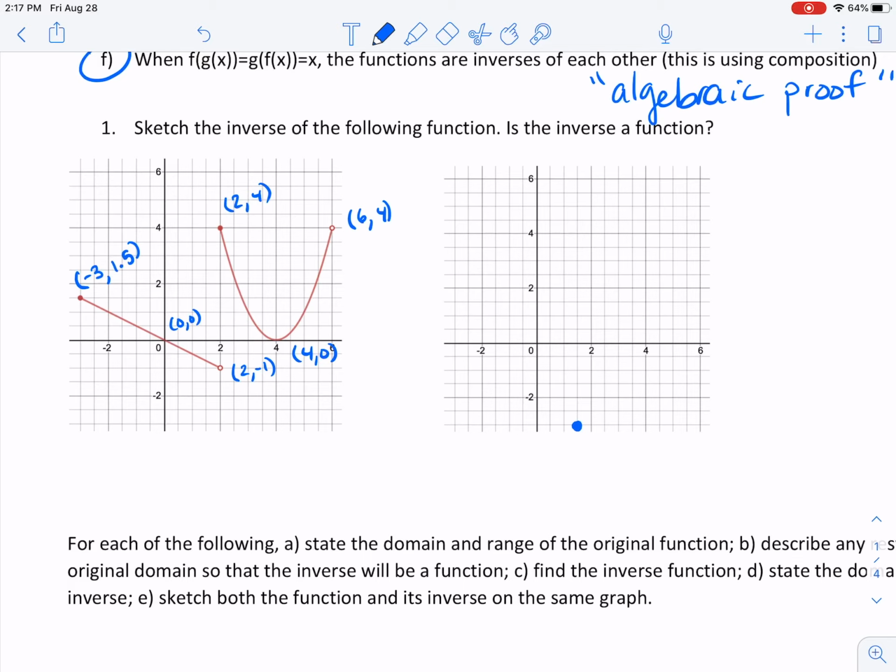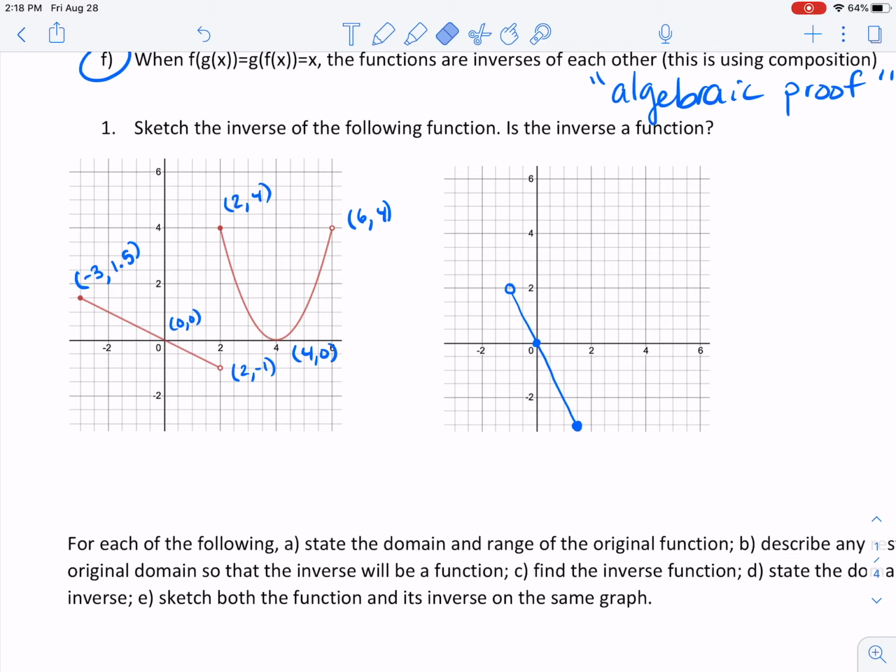Super, okay. The next thing, 0, 0 is still going to be 0, 0, because 0, 0 switched is 0, 0. And now instead of the point 2, -1, I now have the point -1, 2, and this one has an open circle. This little piece has reflected over the line y equals x, and it looks something like that.